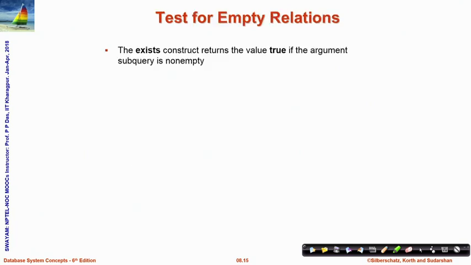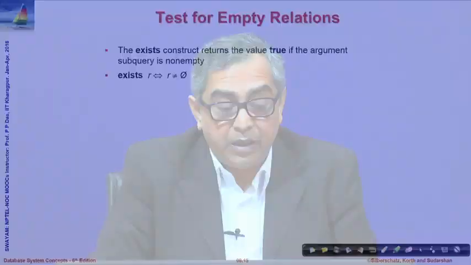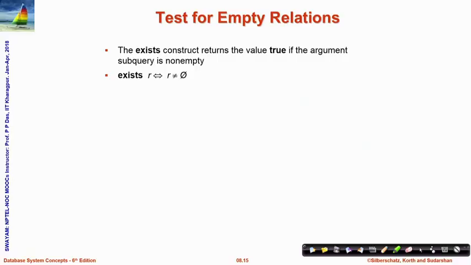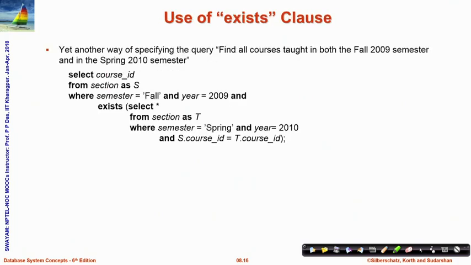You can test for empty relations by using the exists construct. So, if you say exists R, then that is a predicate which means that R is not empty. If R is empty, then exists is false, and not exists is the negation of exists.